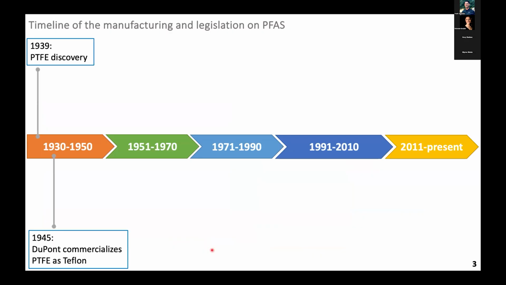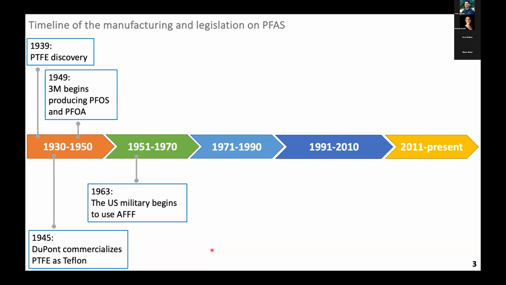Now, let's take a brief look at the timeline for what's going on with PFAS. It all starts back in 1939 when the PTFE, or the Teflon, was discovered. It soon became marketed by DuPont as Teflon, and now everybody has it on their frying pans and other cooking devices. Then 3M got into the picture, and they started making PFOS and PFOA, and they're the main components of the AFFF, the firefighting foam.